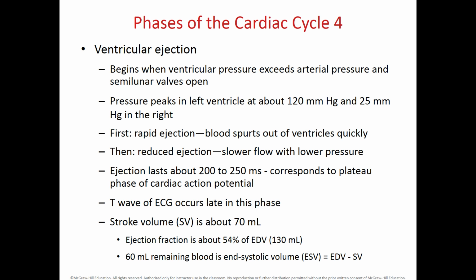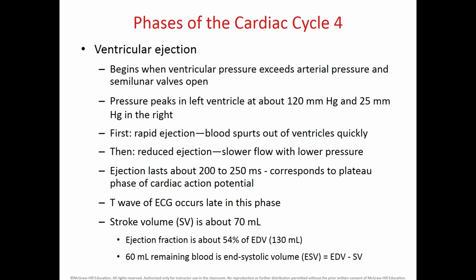This stroke volume is 70 milliliters, and the ejection fraction is 54% of the end diastolic volume, which is 130 milliliters. And 60 milliliters will remain inside the ventricle. So this will be the end systolic volume.